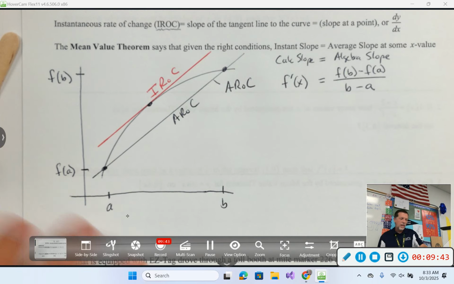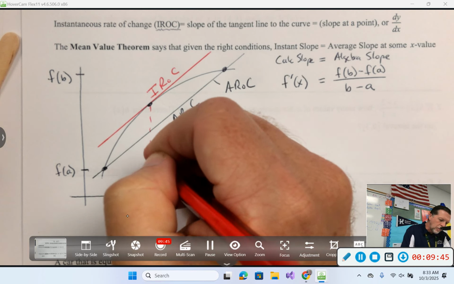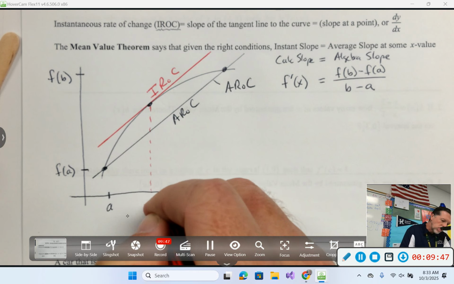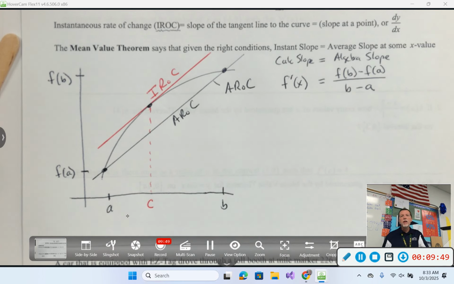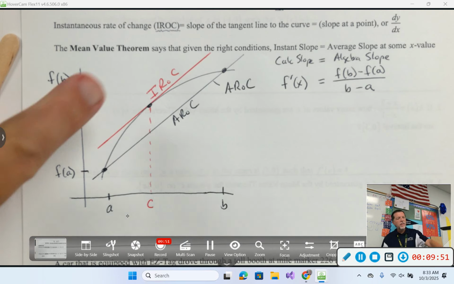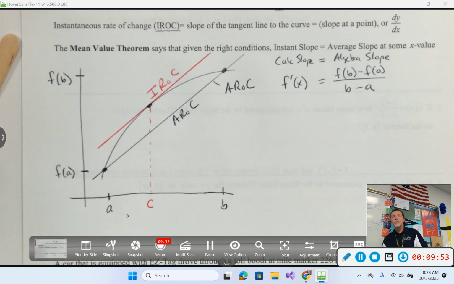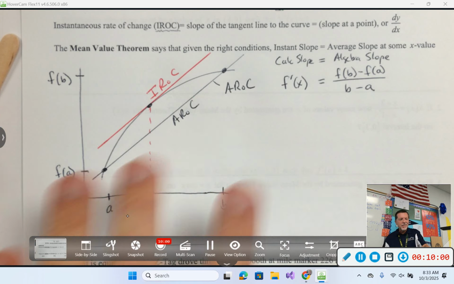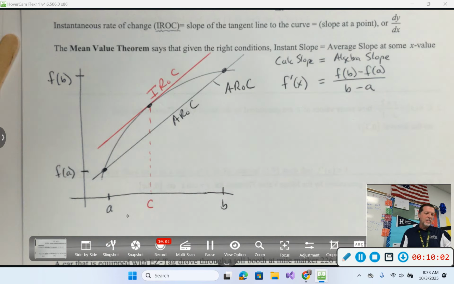Somewhere, and it happened right here, usually we call that point C. Somewhere the instantaneous slope equals the overall slope.